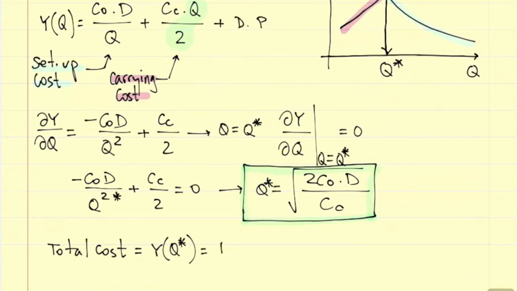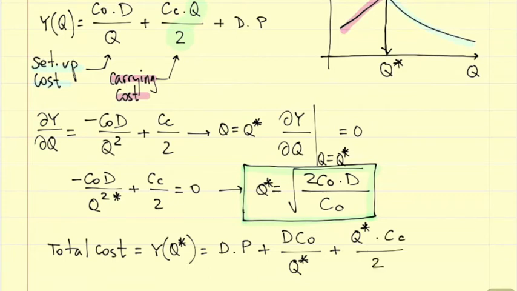Okay, so it's demand times the price plus the CO times D divided by Q star plus Q star times CC divided by 2.